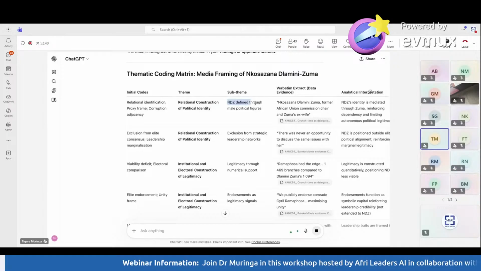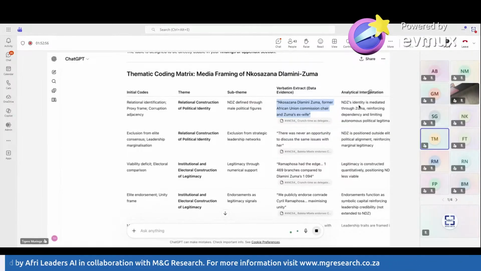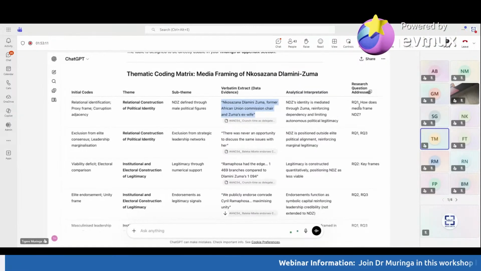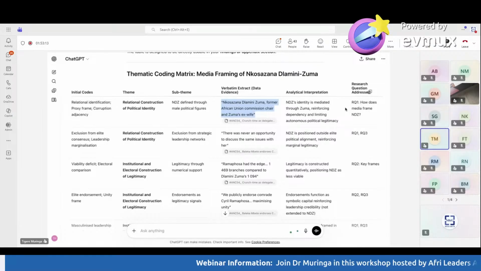Then the sub-theme is NDZ defined through male political figures. Then these are the verbatims from the data. Then this is the analytical interpretation: NDZ identity is mediated through Zuma, reinforcing dependence and limiting autonomous political legitimacy. Then it says this theme answers research question number 1.